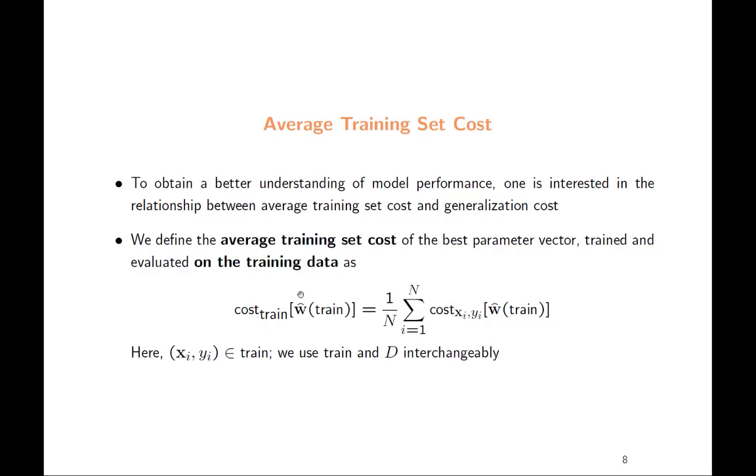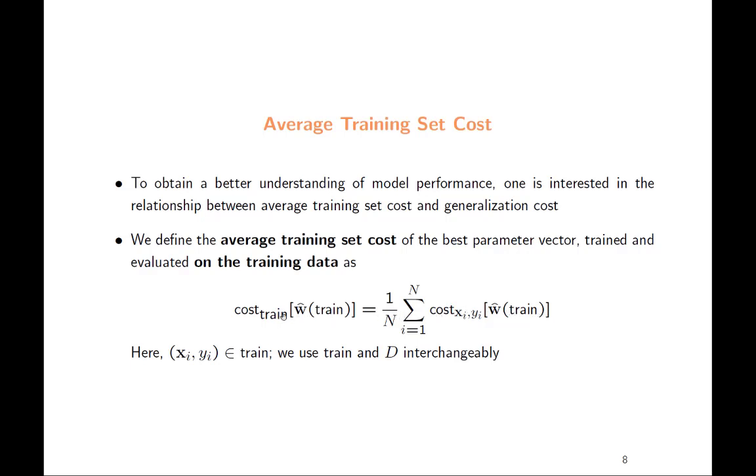So we average over all training data: the cost at this data point xi, yi, which is an element of this training data set of size n, divided by n, and we evaluate on the parameters which were optimized by training on this training data set.